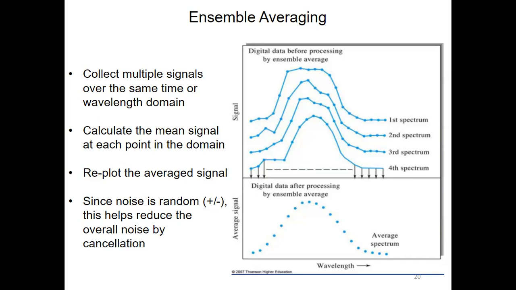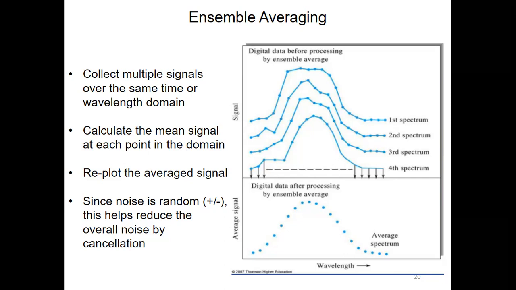And in most cases, even if we can get a good signal, we usually take 3 scans and get the average. And that is a kind of ensemble averaging. That's why I use this example, because we are all familiar with UV.